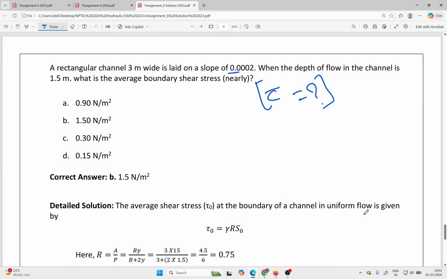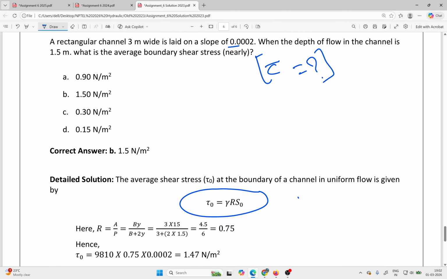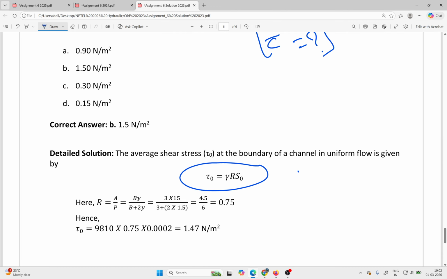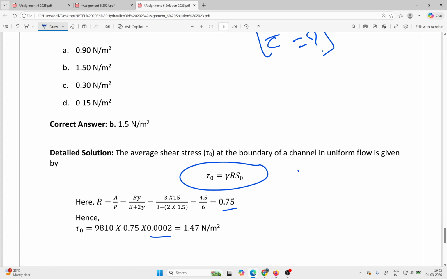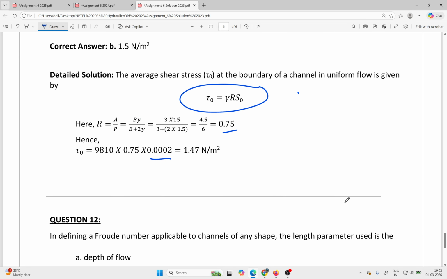Let me show you the formula. This is your gamma R S. Gamma is what? The unit weight of water, so 9.81 kilonewton per meter cube, so in Newton 9810. And your R value is area by perimeter, which comes to 0.75, and the slope is already given in the question. So 1.47. This was the new question.